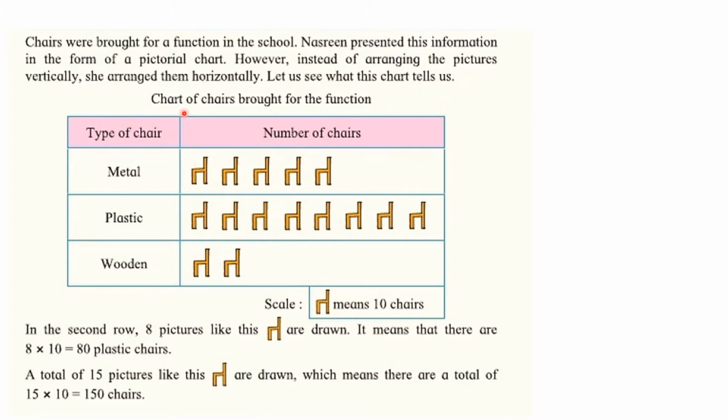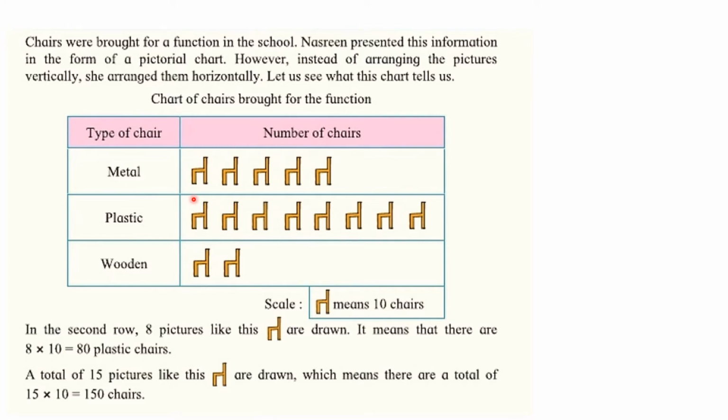So here is the title, Chart of Chairs brought for the function. Type of chair, that is metal, plastic, wooden. Here number of chairs, each type of chairs in the number which is brought.